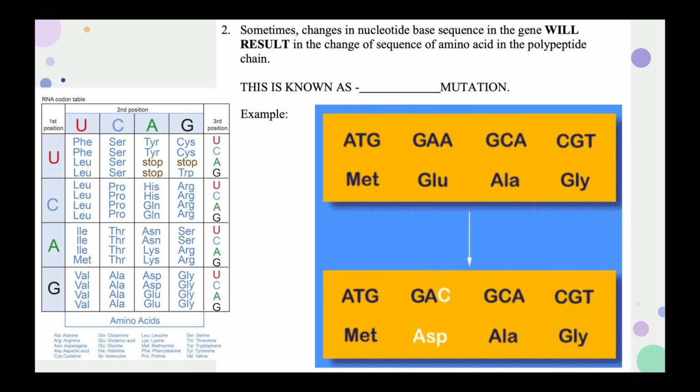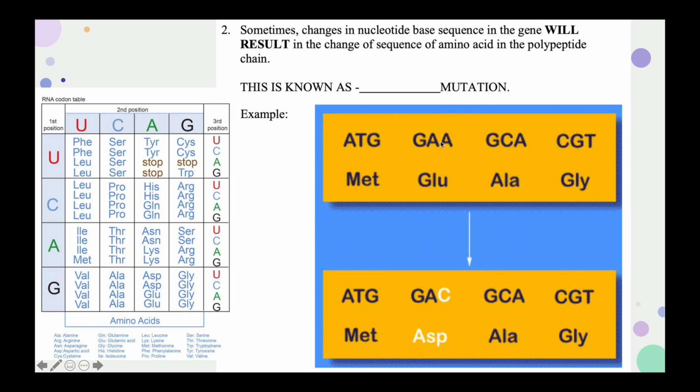Sometimes, changes in the nucleotide base sequence in the gene will result in the change of sequence of amino acids in the polypeptide chain. For example, this is the original DNA sequence for the coding strand of a gene. This, however, is the DNA sequence of the gene after mutation has taken place.